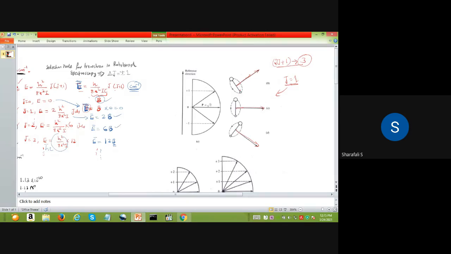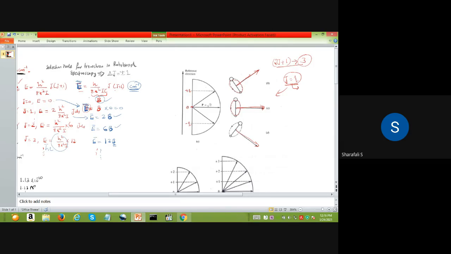So what we mean by degeneracy is that if the rotation is like this and the angular momentum direction is like this, it will have the same energy as this rotation, but its angular momentum direction is different. You can see from here, we have 0, then plus 1, and minus 1, corresponding to j equal to 1.